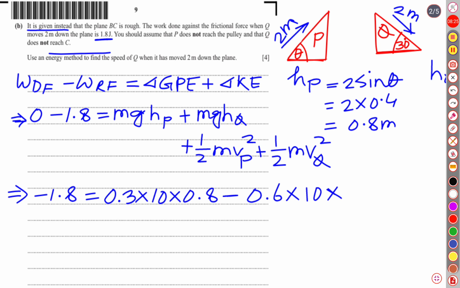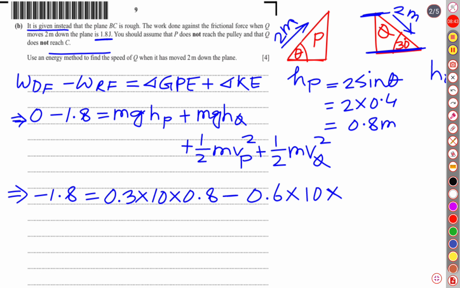If you look at this figure, initial height was more and final height was less, so surely it is negative. That means Q was moving downward. Whenever a particle moves downward, the height gets decreased. That's why this is negative.